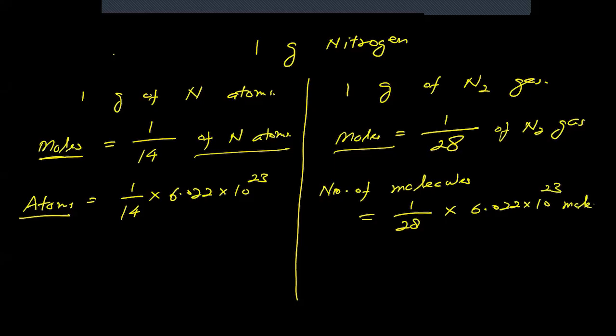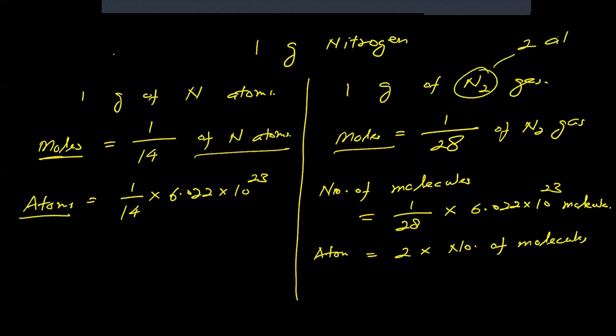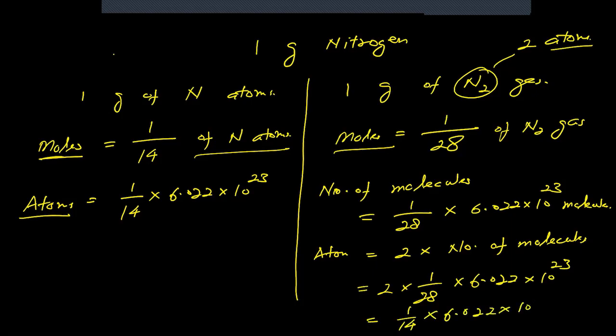These will give you molecules. Hence, atoms will be 2 times the number of molecules, because in one molecule you have 2 atoms. So whatever molecules you have, atoms will be 2 times. That is 2 times 1 by 28 times 6.022 times 10 to the power 23, which gives you 1 by 14 times 6.022 times 10 to the power 23, exactly the same as you got here.